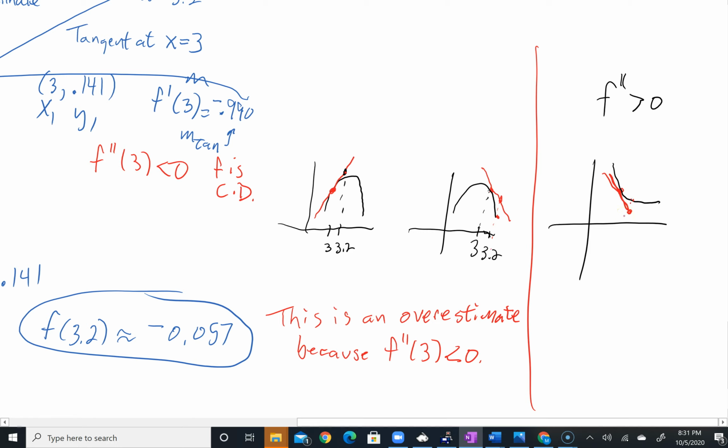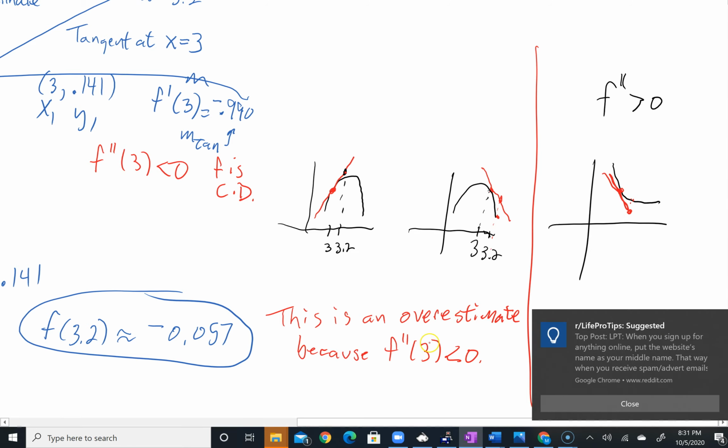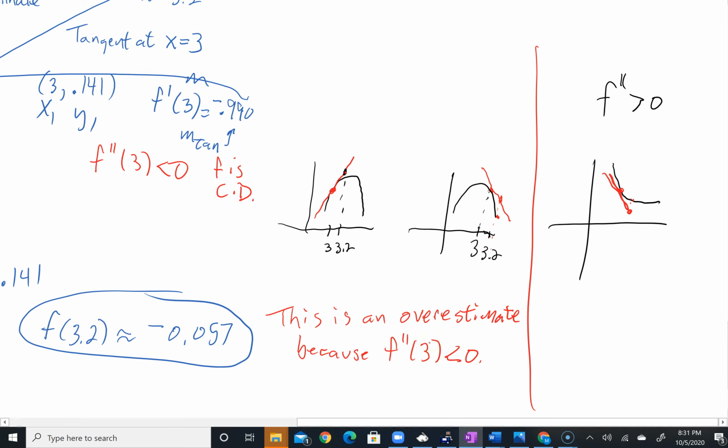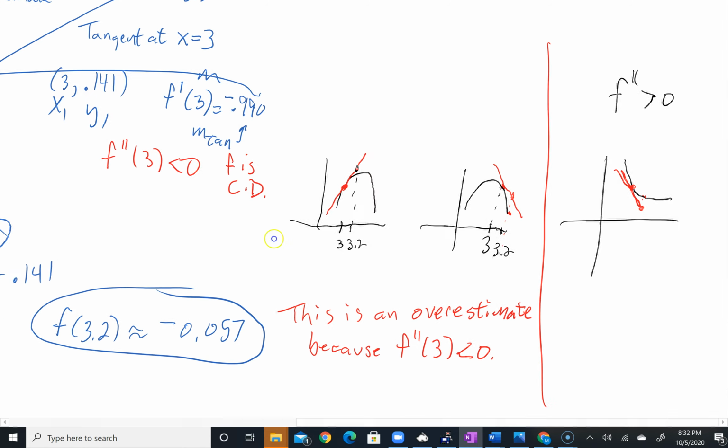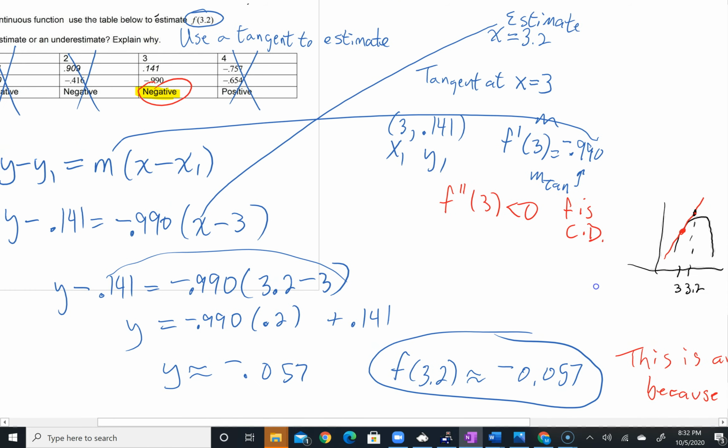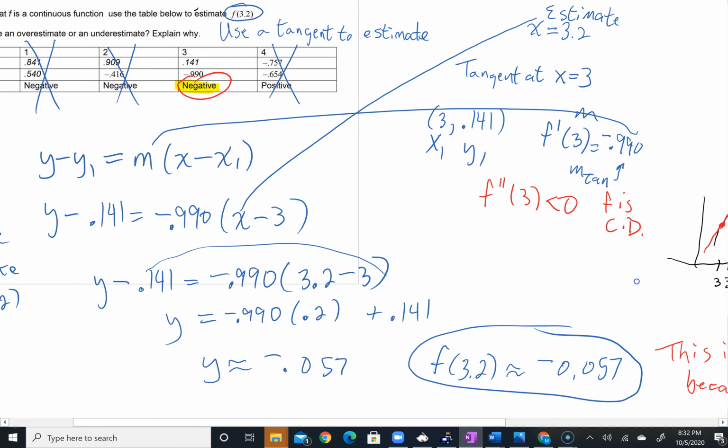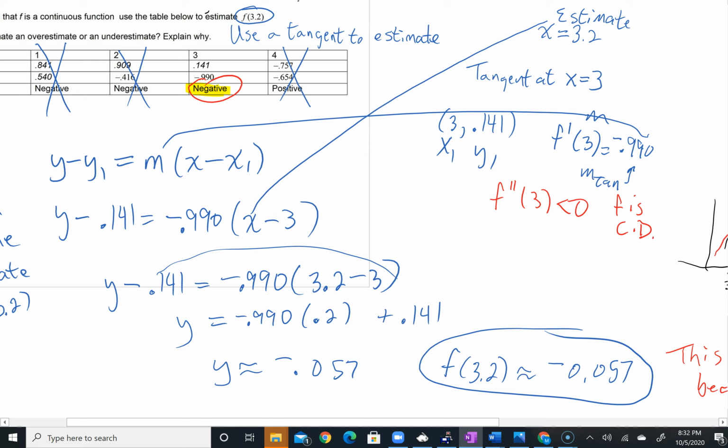That would be an underestimate. So what we're seeing is when your second derivative is negative, you've got a concave down, your tangent lines will always lie above it. If you've got concave up, your tangent line is below it. So really that's all we've got going on here, but a classic type of a table problem. Hope that is making sense.